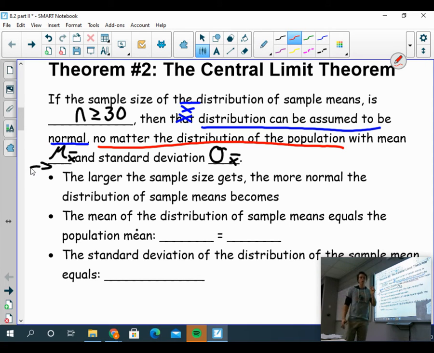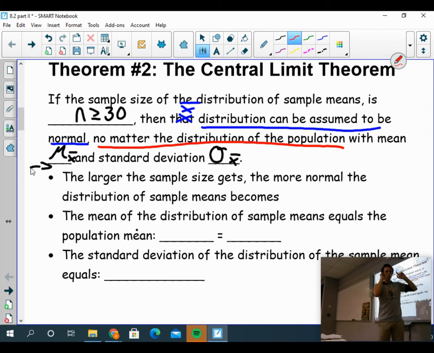What we know is that if the sample size is bigger than 30, the distribution of sample means is normal. Put it in the context of the trout problem. If instead of catching only 5 fish, each kid caught 30 fish or more, then we would know that those 100 sample means made a normal distribution.